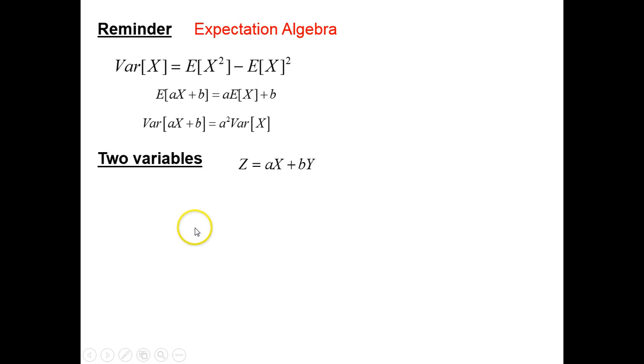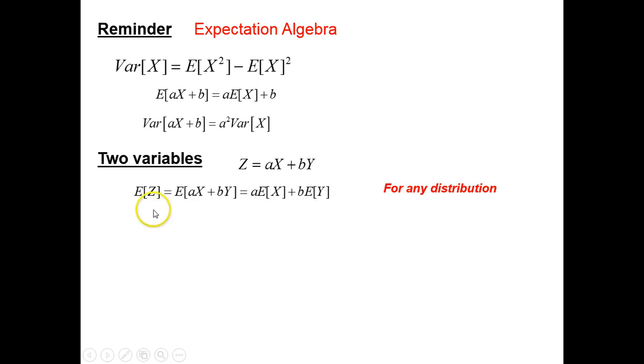If we have two variables, as in Z equals ax plus by, then for the expected value of that combination, I can take the E in, so I've got a times the expected value of x plus b times the expected value of y, for any distribution.